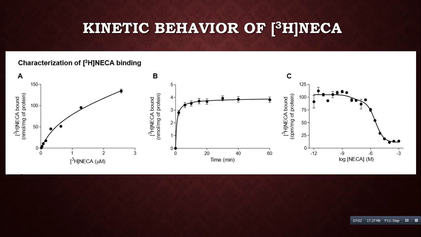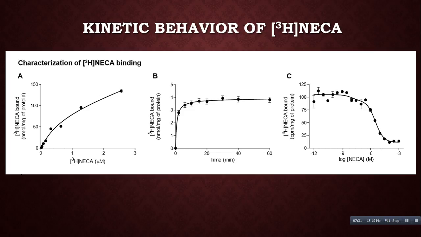NECA is the agonist. It's not shown here, but they were able to determine that the A1 and A3 receptors were not found on the parietal cells, but I didn't include the graph for that.